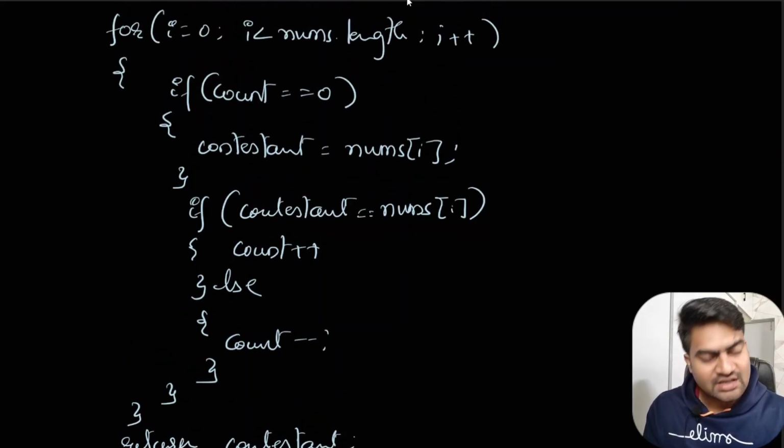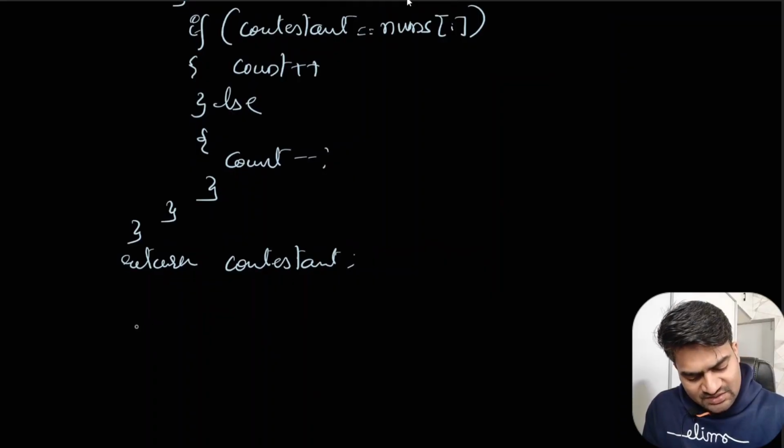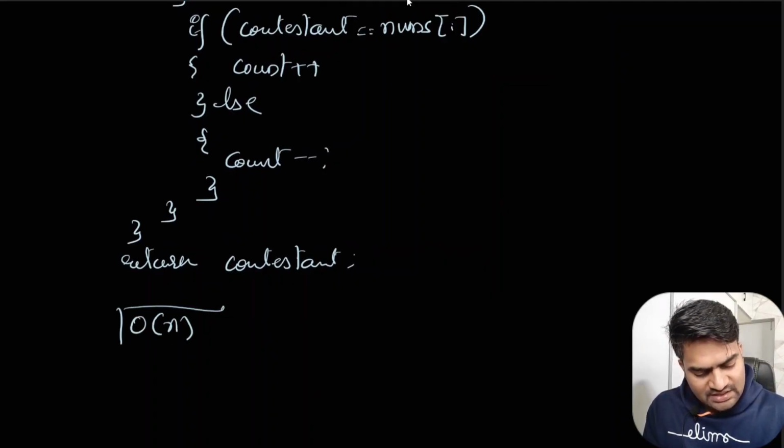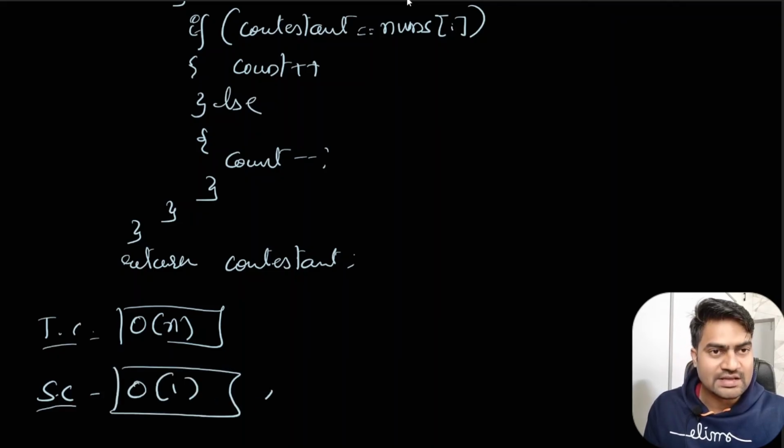So if you see, with one iteration and without using any extra space, we are determining the majority element. That's why it is of order n for time complexity, and for space complexity it is of order 1.